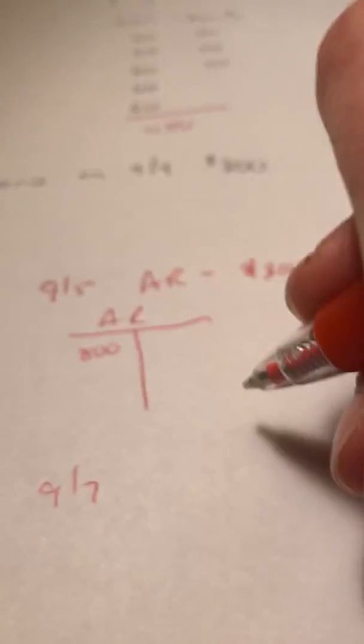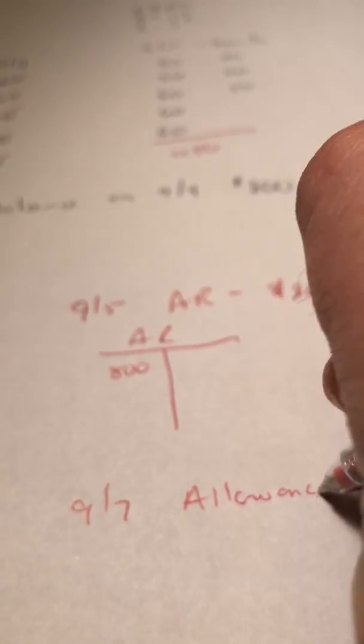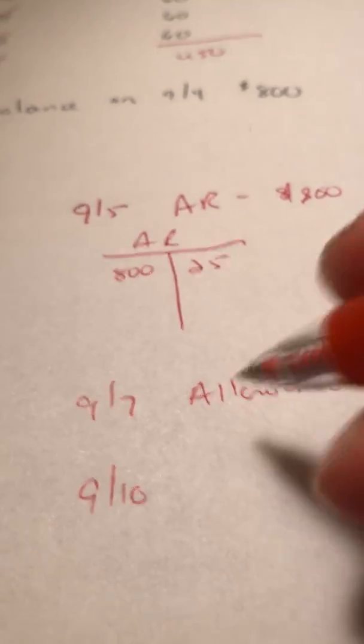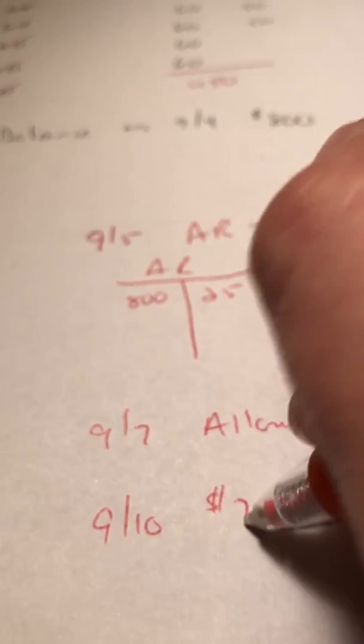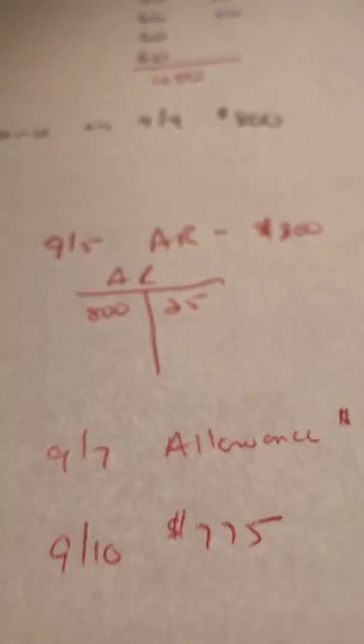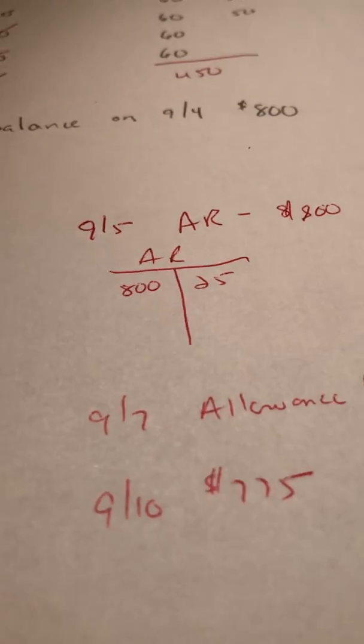On 9/7, we gave an allowance of $25, which shows a credit. On 9/10, hopefully you realize they owe us $775. Okay? But we have to look up.